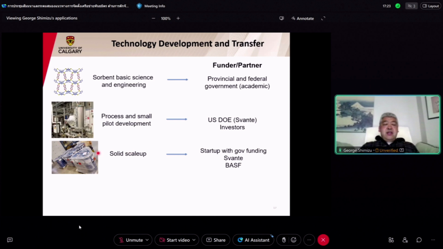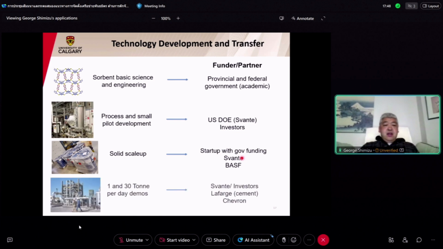As far as doing the scale up of the actual powder, we had a startup company that was funded by the university and government funding. Svante also did some of the scale up at their location, but then ultimately they used some of their investor money to give a contract to BASF. So these are the different partners that were involved.